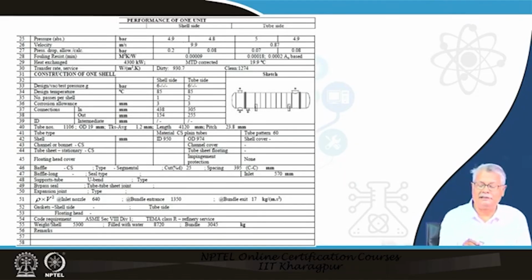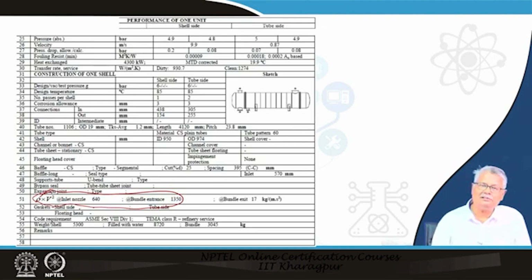Here again we have the shell side and the tube side data. The pressure, velocity, pressure drop, fouling resistance, heat exchanger thing, and the construction of the shell is also given here. One thing we will note here is that we have the nozzles.